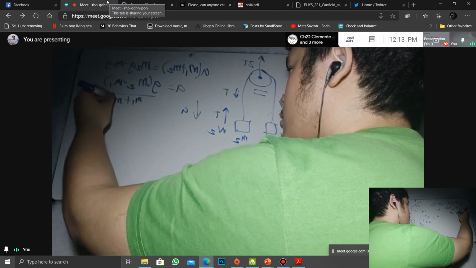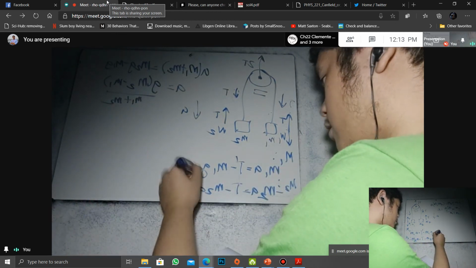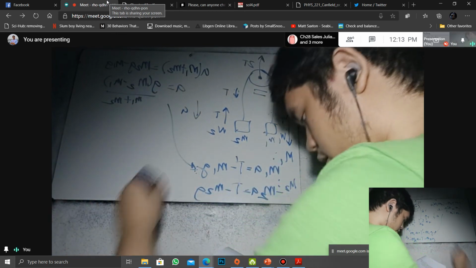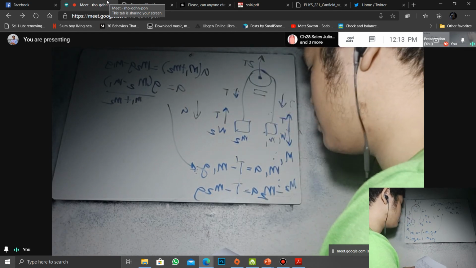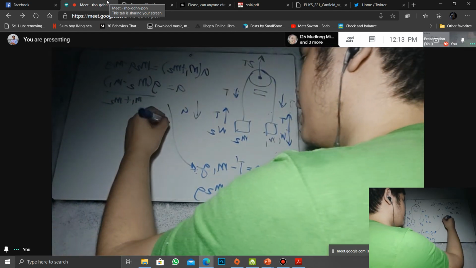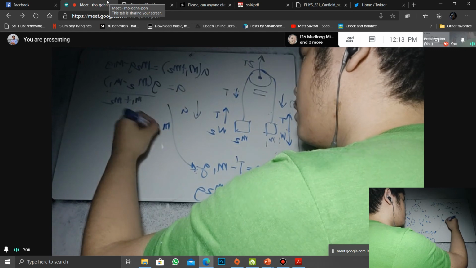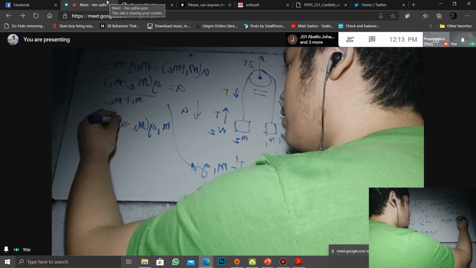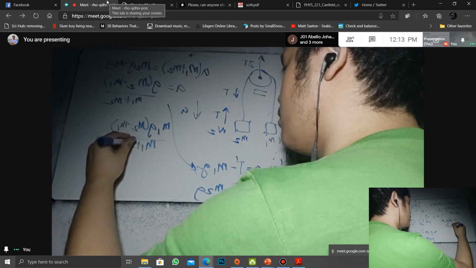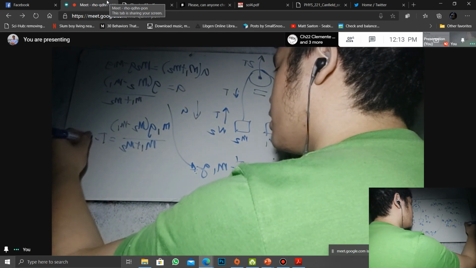Next, we substitute here to get the tension. So, m1a, m1g times m2 minus m1 over m1 plus m2 equals T minus m1g.